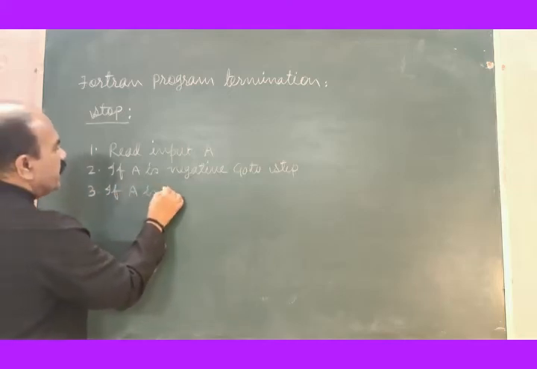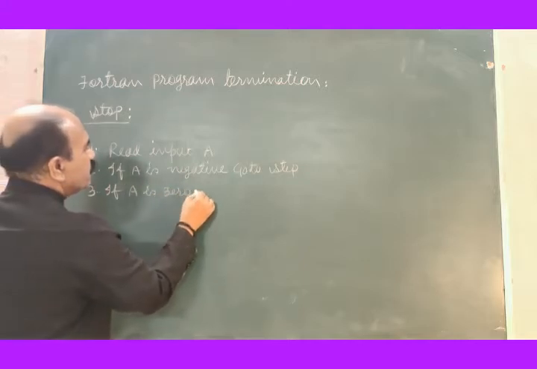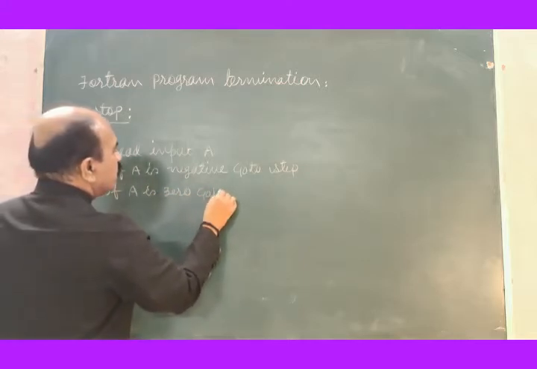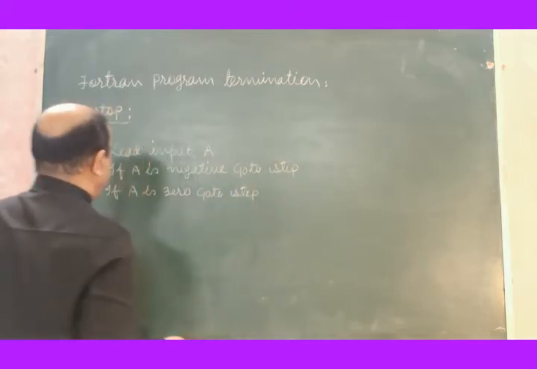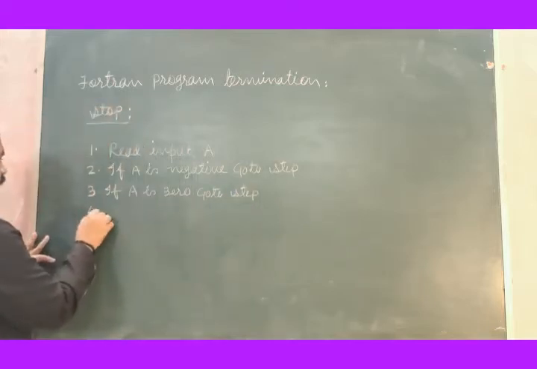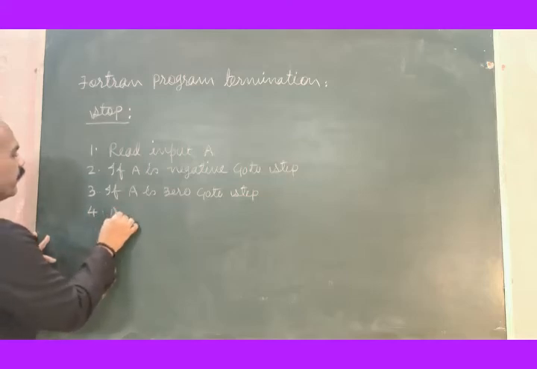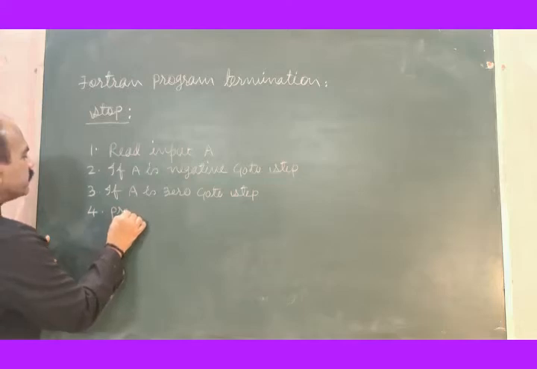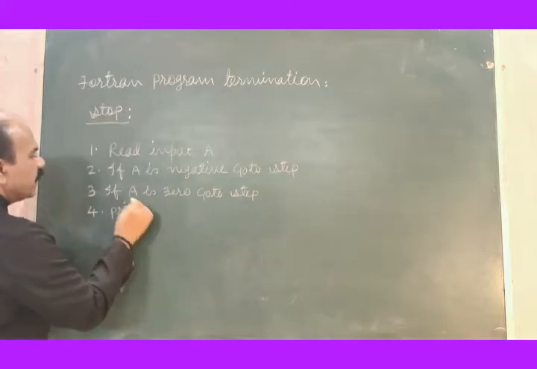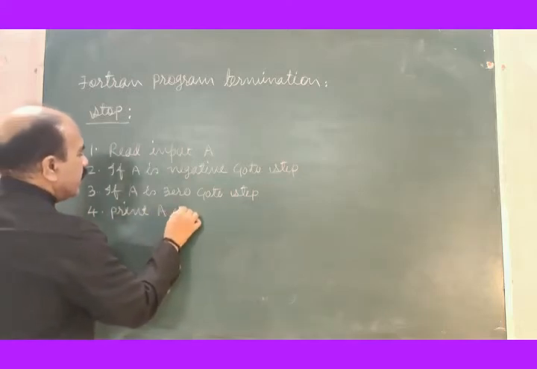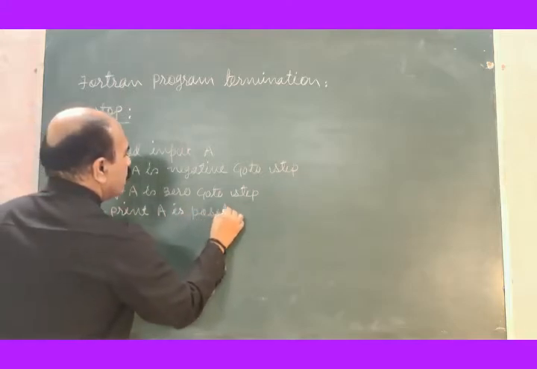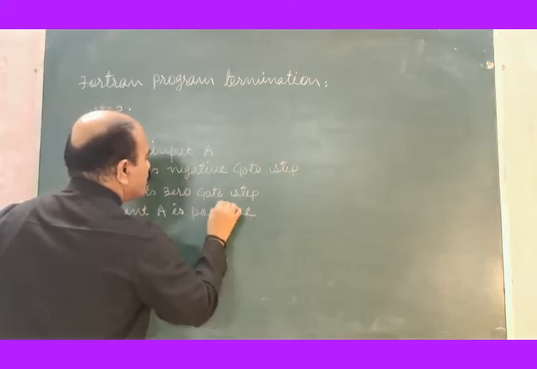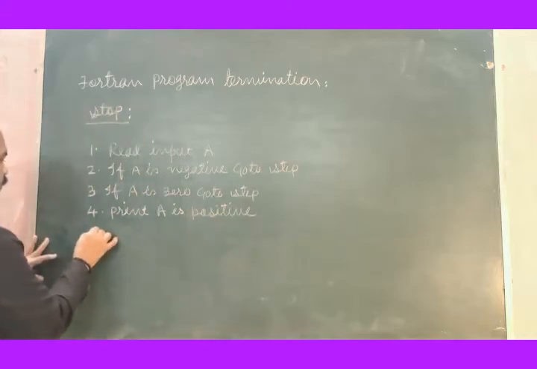If A is 0, go to step 8. Step 3, print A is positive.